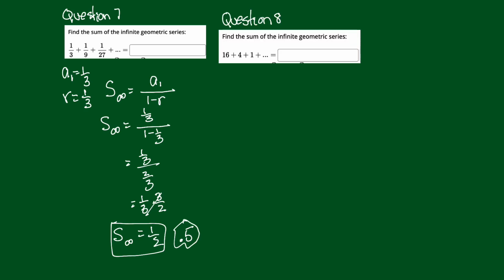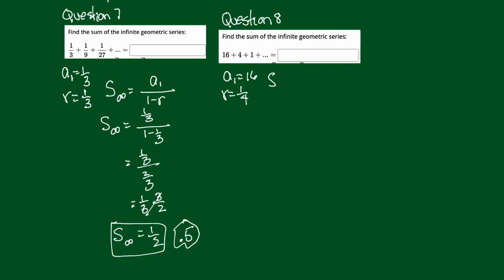Number 8, let's find the sum of this infinite geometric series. Now I know that the first term is 16, and do you see what r is? What is r? So how do we get from one term to the next? It looks like we're going to divide by 4, but we don't really divide. What we do is we multiply. So r is going to be not divide by 4, but multiply by 1/4.